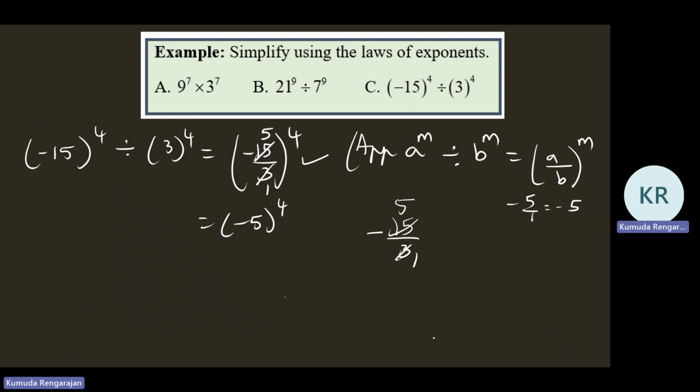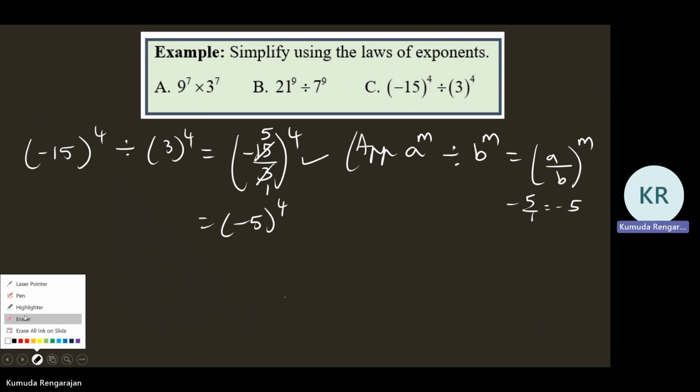You can also first simplify the sign: minus into plus is minus, and then the answer will be minus. So we divide normally and put the bracket.